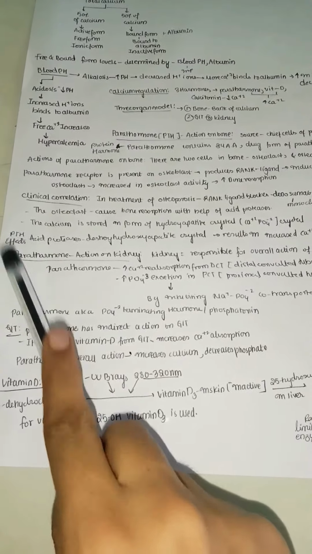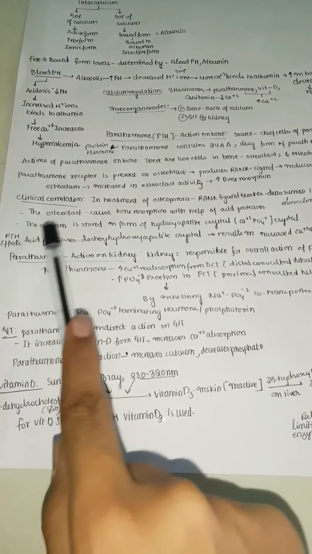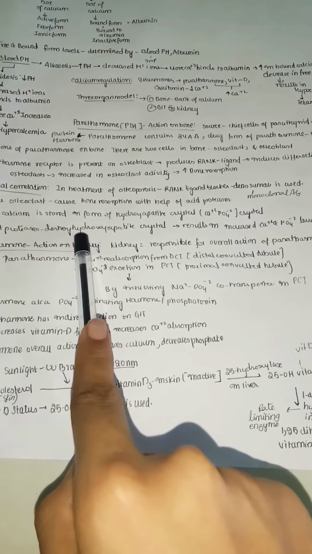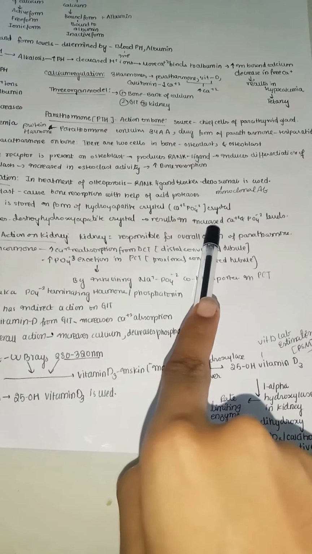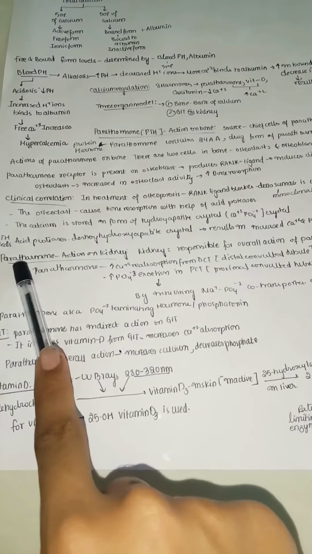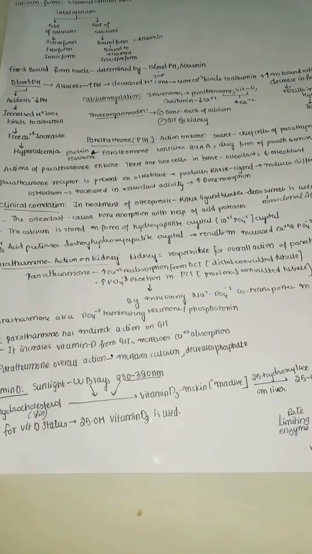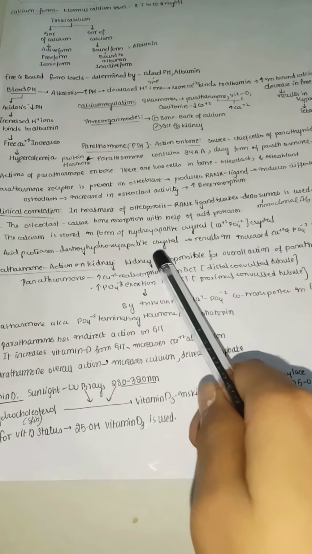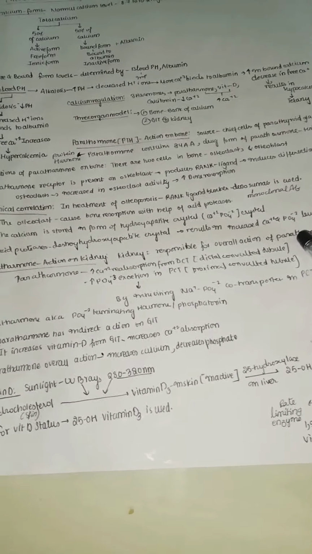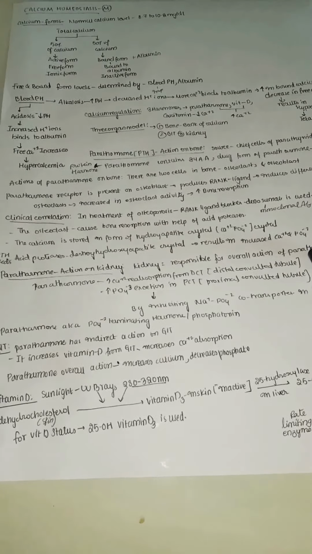Parathyroid hormone's effect is that acid proteases act and destroy the hydroxyapatite crystals. So whenever parathyroid hormone acts, mainly by its acid proteases, it destroys the hydroxyapatite crystals, so that calcium and phosphate levels are increased in our blood.